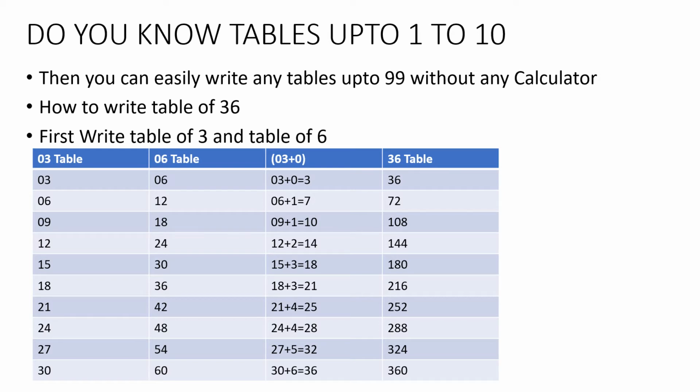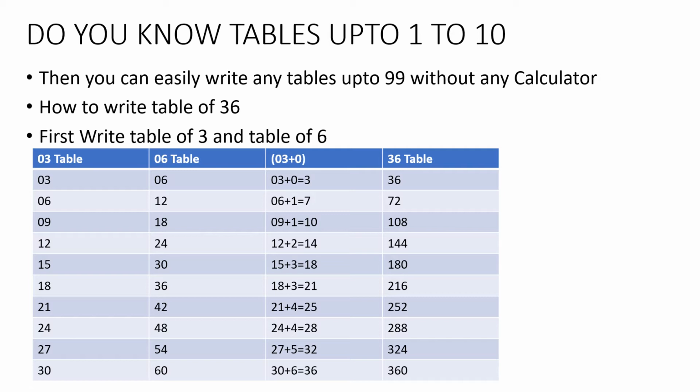Similarly, when we go for 06 plus 1, that is 7. Then we add 2. It is not adding, we are just putting it next to 7. So that is 7 and 2, 72.